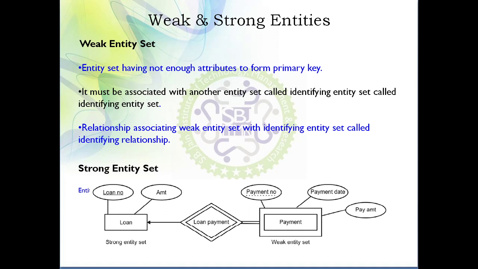Though the payment number is the same, the loan number is different. So in this case we can say that the combination of loan number and payment number acts as the primary key for entity payment. So this is the concept of weak entity and strong entity. The concept of weak and strong entity is also useful while drawing an ER diagram.